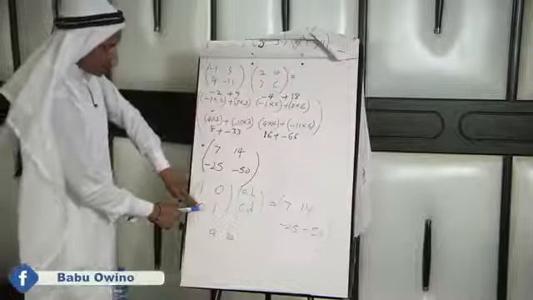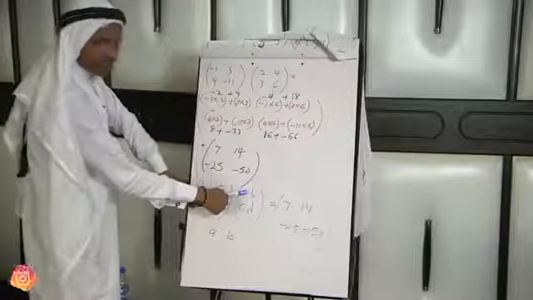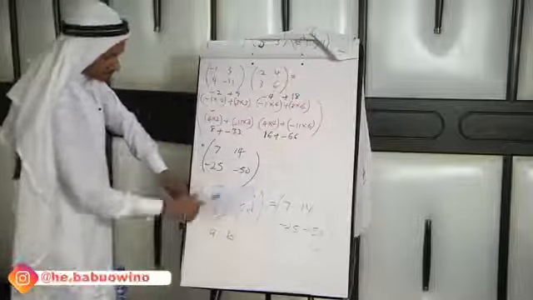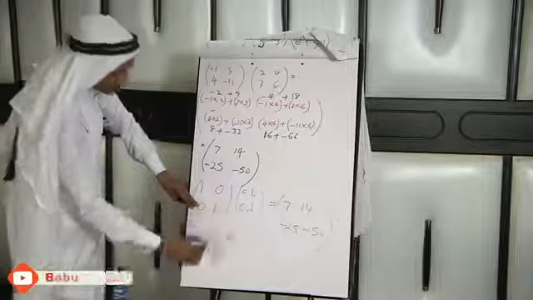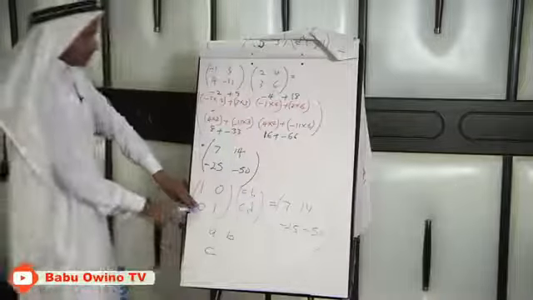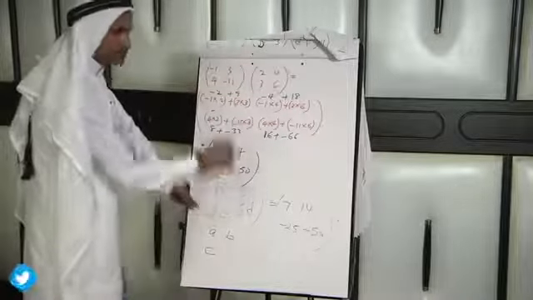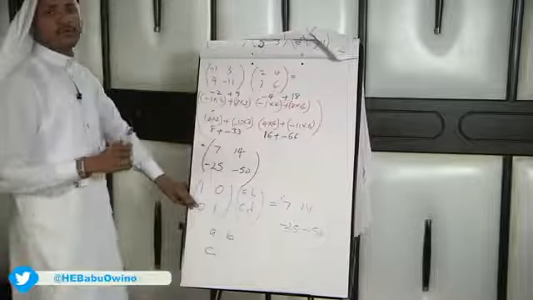Then 0 times A is 0, plus 1 times C is C. Therefore 0 plus C is C. Then 0 times B is 0. Any number multiplied by 0 is 0.